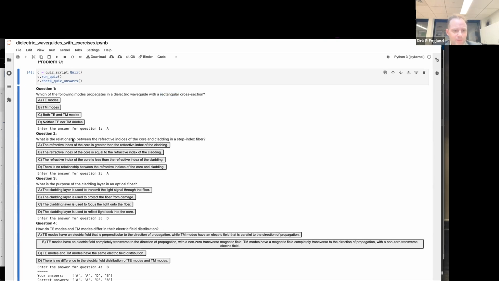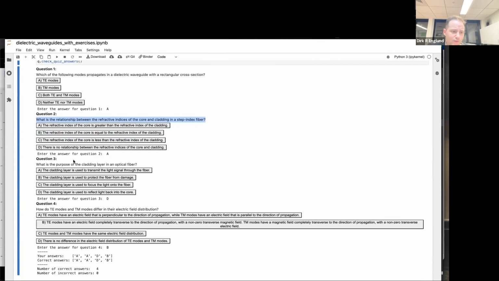What is the relationship between the refractive indices of the core and cladding of a waveguide or, equivalently, a step index fiber? Of course, the refractive index of the core has to be greater than the refractive index of the cladding for total internal reflection confinement. Question 3: what is the purpose of the cladding layer in an optical fiber? The cladding layer is used to reflect the light back into the core.